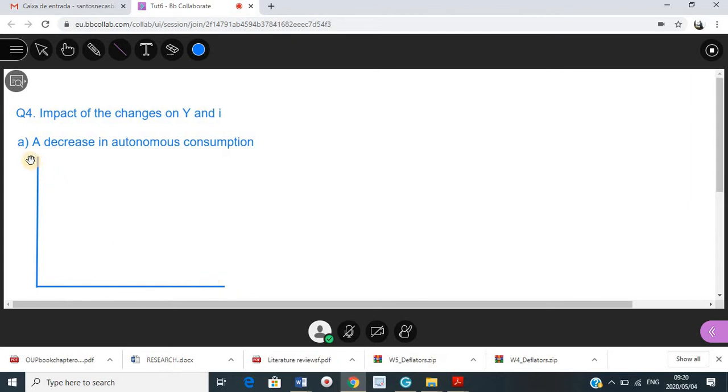Very good. This is our first equilibrium.